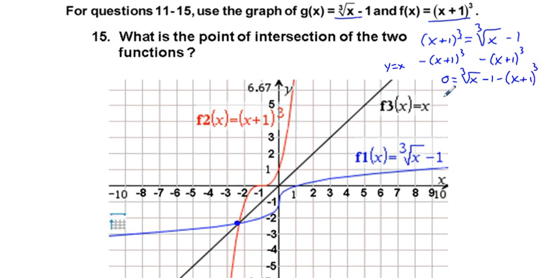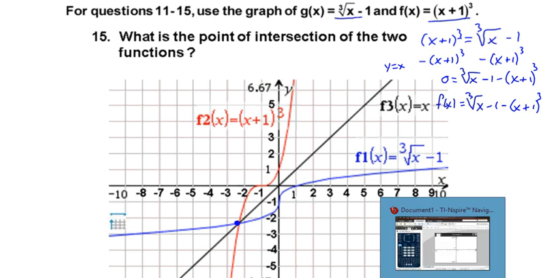And if we rewrite this as f of x equals cube root of x minus 1 minus quantity x plus 1 cubed, and graph, we will see along the x-axis what our solution is.